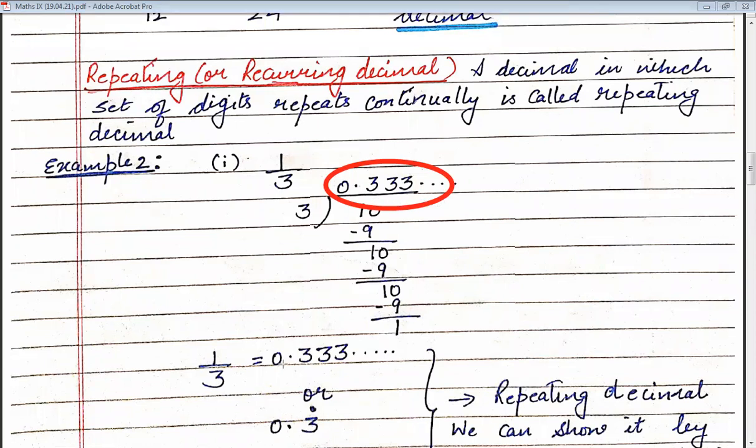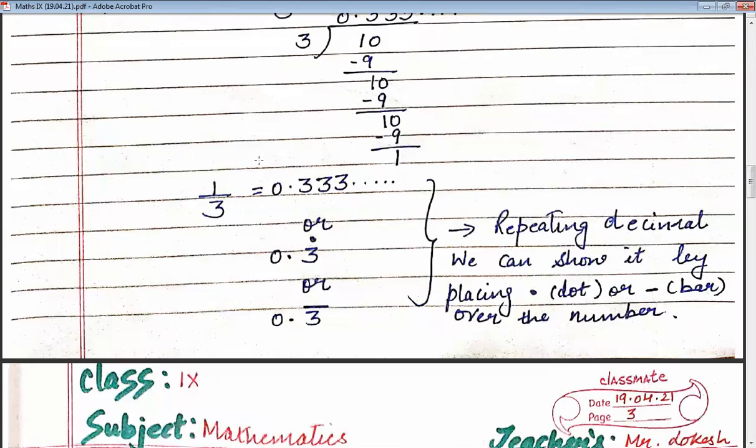Okay. So now it means your fraction 1 upon 3 can be written as 0.333 and so on. In this decimal, 3 is repeating continuously.